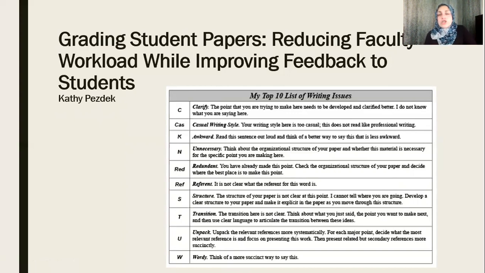You say, it's okay, just go back to the top 10 list of writing issues. Transition. Transition is not clear. Think about what you just said. Even students, when they receive these papers again and they find a T, it just simply means that the transition is wrong. You need to think about what you just said, revise that.